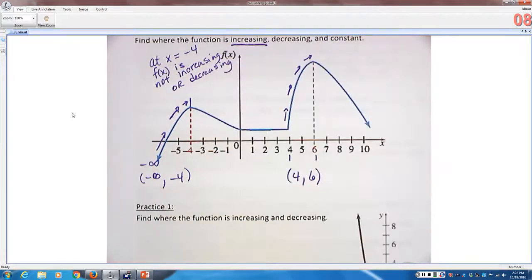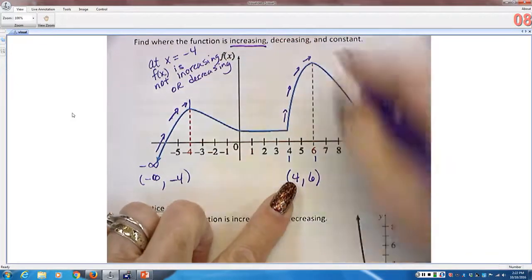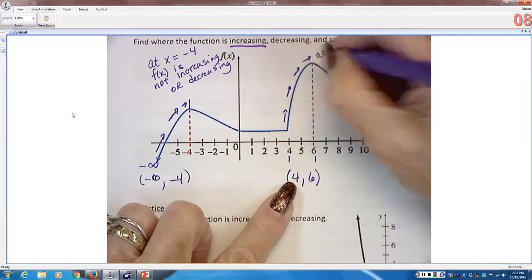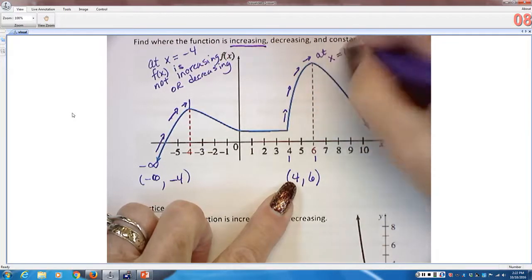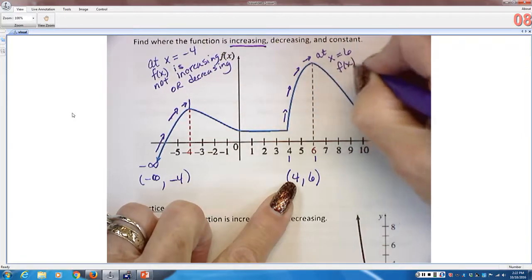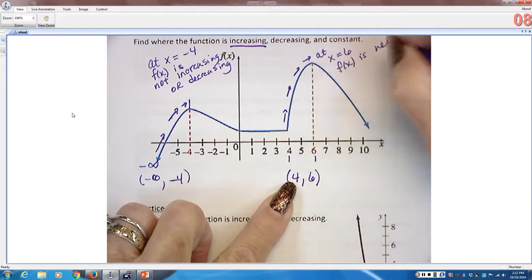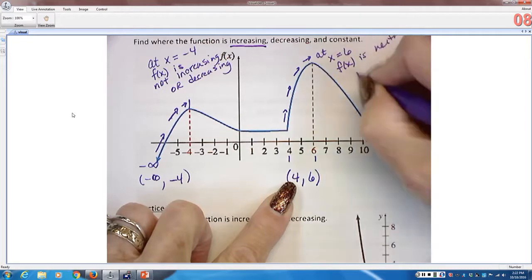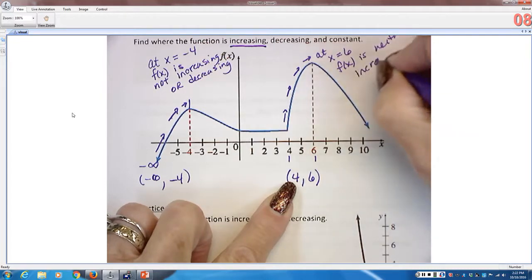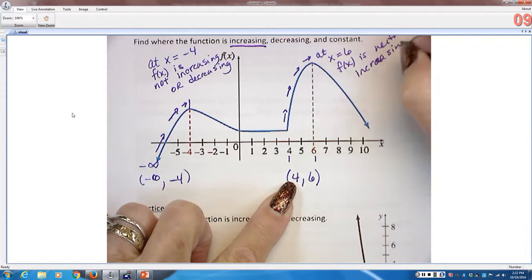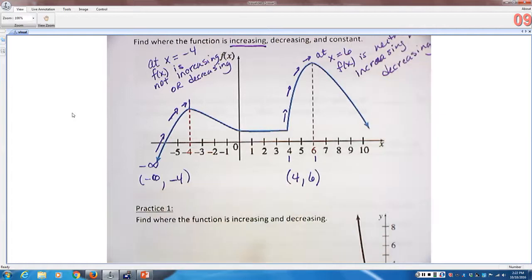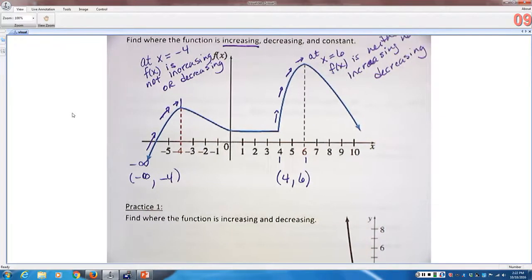So you might want to make a note of that. And the same thing at the value 6. At 6, it is neither increasing nor decreasing.